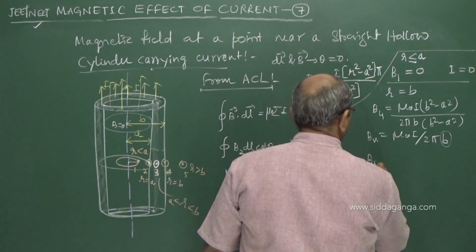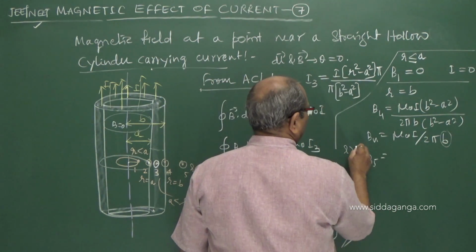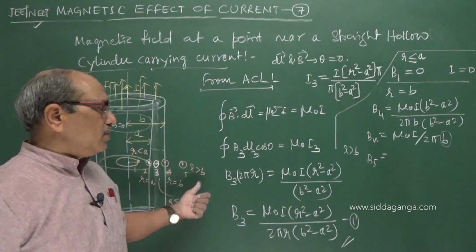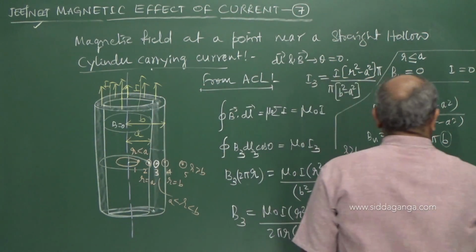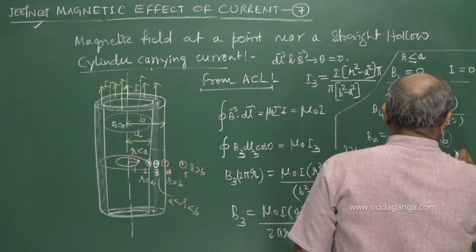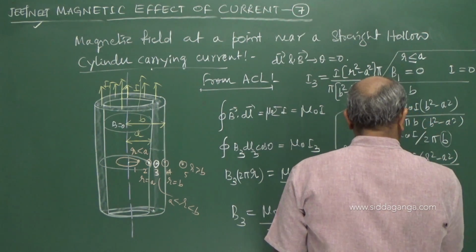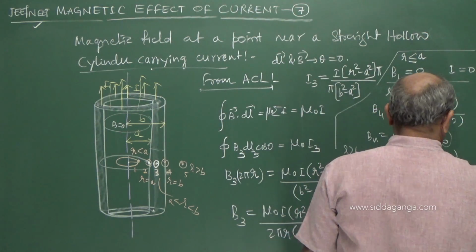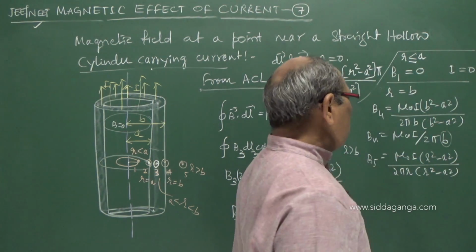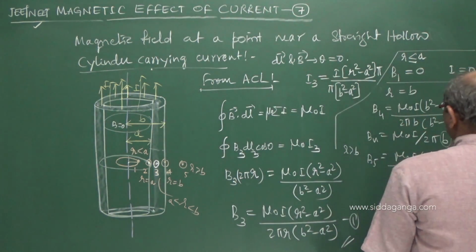If we go for B5, R greater than B, so mu naught I into R square minus A square by 2 pi R into R square minus A square. So this current distribution is maximum up to that only.